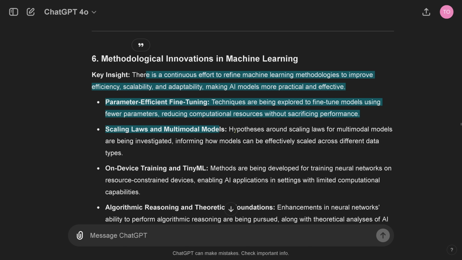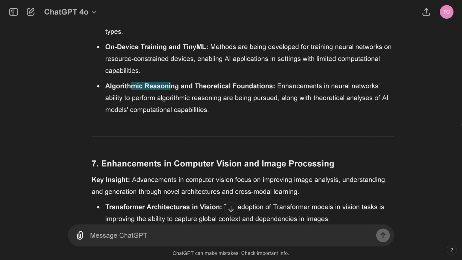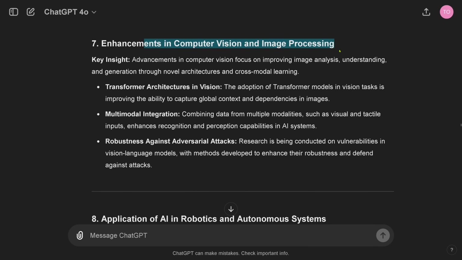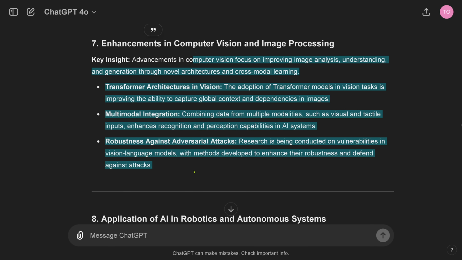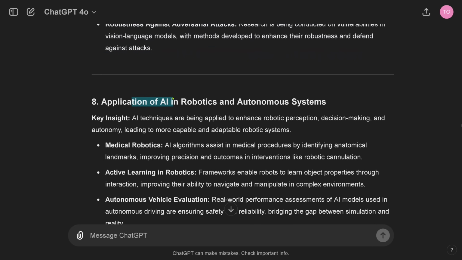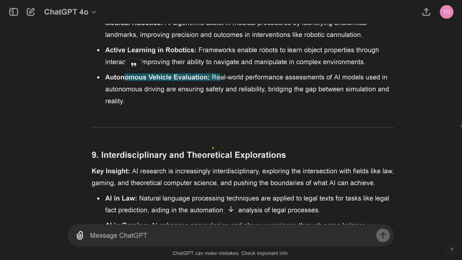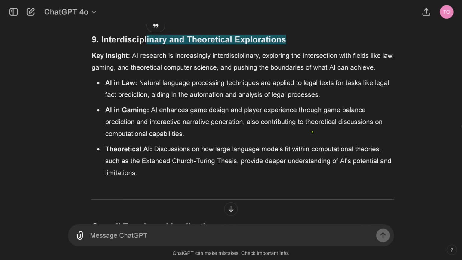PEFT, scaling laws, multi-modal models, on-device training, tiny machine learning models, algorithmic reasoning, yeah. The enhancement in computer vision and image processing. Nice. Applications now in robotics and autonomous systems, medical robotics, active learning in robotics, autonomous vehicle evaluation. So it has changed its perspective, but it is still in the same category of clusters. Interdisciplinary, nice.